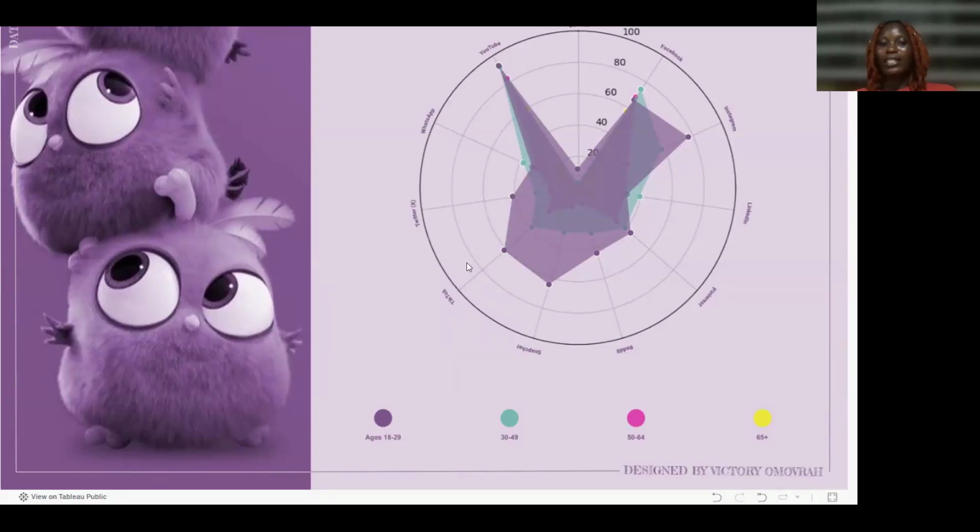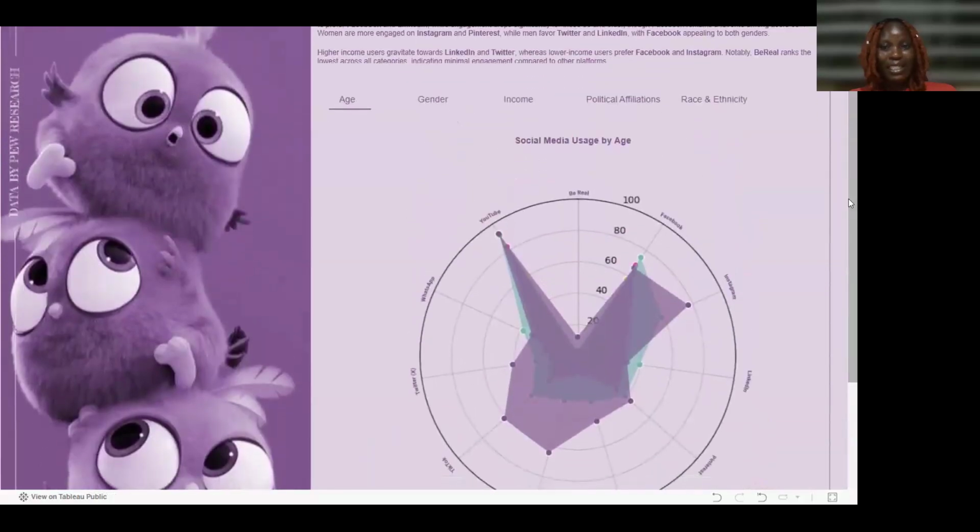So 18 to 29 is the purple, and you can see a little green behind. If you want to interact with it, you just need to click on this particular shape and it will circle that particular age bracket, 30 to 49. Then the yellow is 65. We could barely see that when they are all stacked on top of each other, showing that ages 18 to 29 are more dominant online.